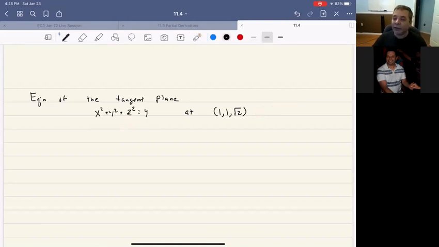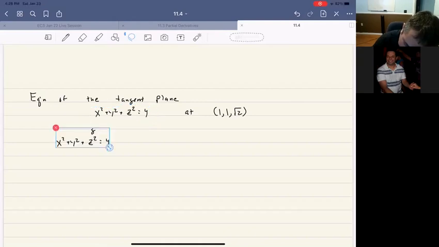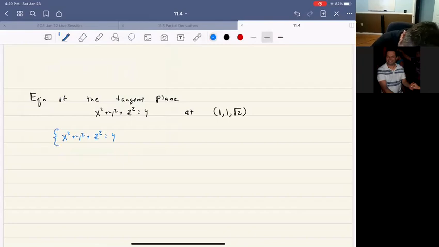Okay, now in order to find the derivatives, we're going to have to do this via implicit differentiation. So let's take this expression again. We take the partial with respect to x, and when we do this, we're assuming that z is the dependent variable.